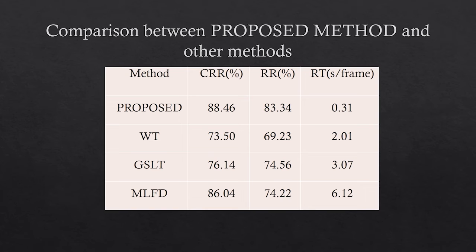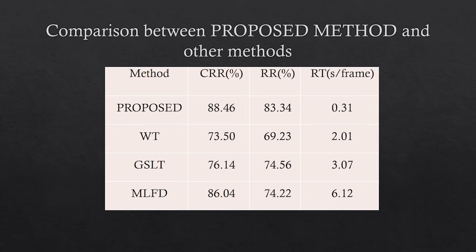And it can be seen from the experimental results that compared with the other three methods, the average recognition rate can reach 88.46%, 9.9% higher than other similar methods on average.